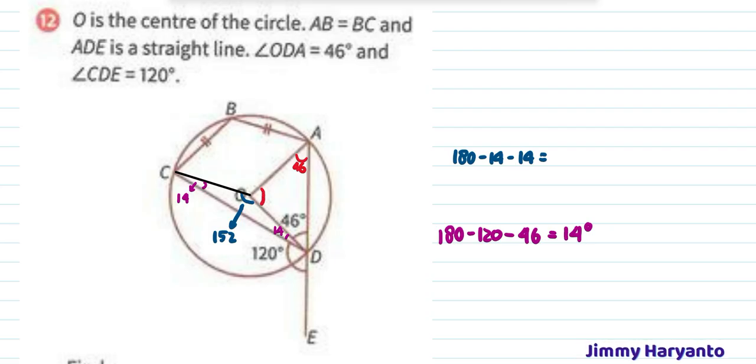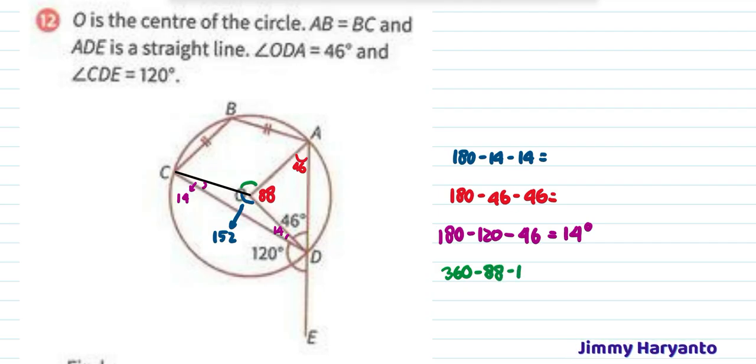And then I want you to find this one. That one will be 180 minus 46 minus 46. It's 88. So this one is 88, and then I can find this one also. 360 minus 88 minus 152.